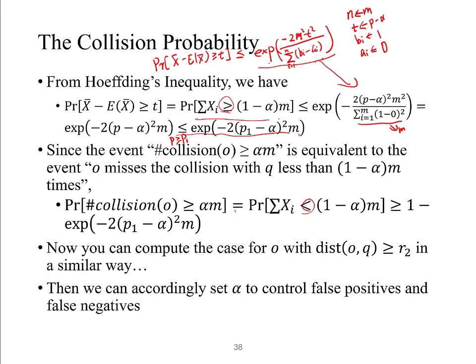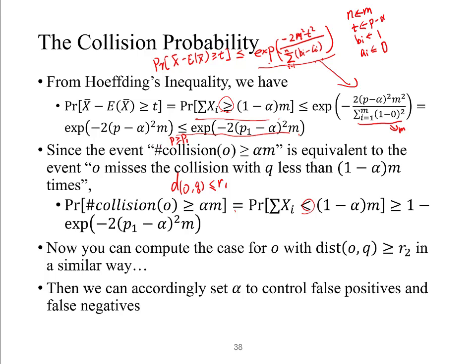So till now we have the number of collisions that is larger than alpha m, given that the distance between O and Q is smaller than or equal to R1. Now you can compute the case for the O with distance to Q that is larger or equal to R2 in a similar way.